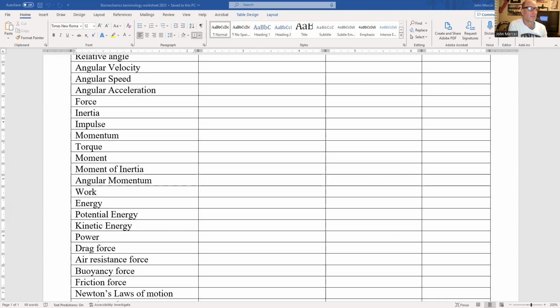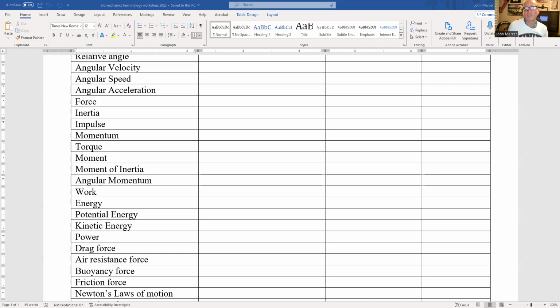Units of moment of inertia are kilogram meters squared. Angular momentum is the quantity of angular motion, and it's represented by the equation moment of inertia times angular velocity. So moment of inertia times omega. And the units are kilogram meter squared per second.